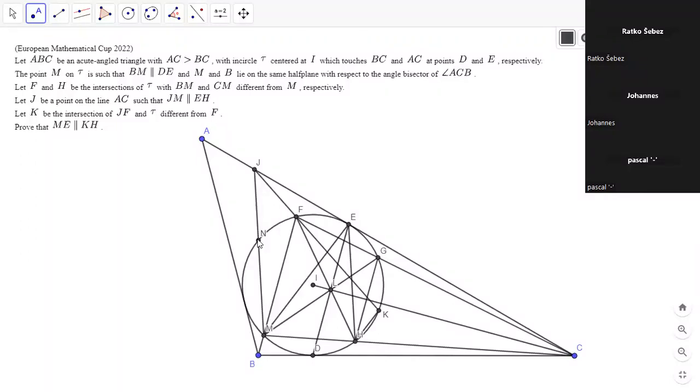We want to show KE and HF are parallel. That would solve it. We could show that they make the same. There's a whole bunch of different ways to think about this.